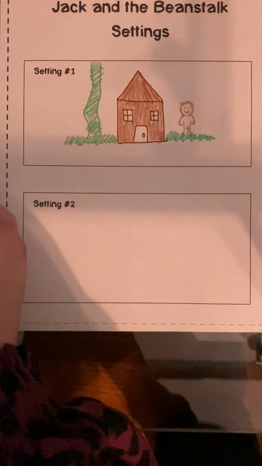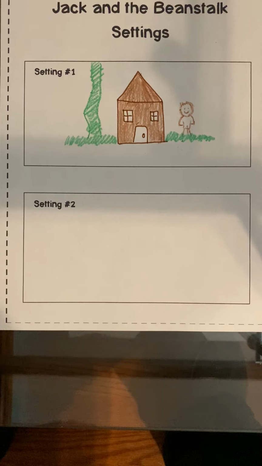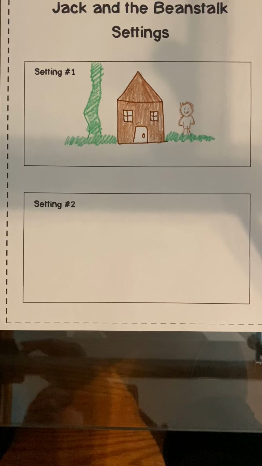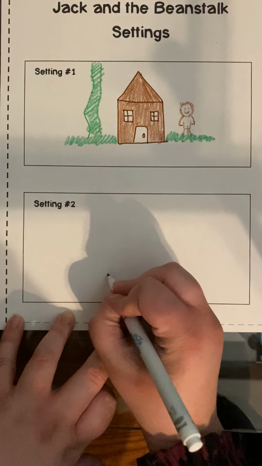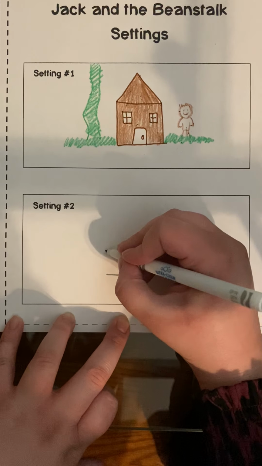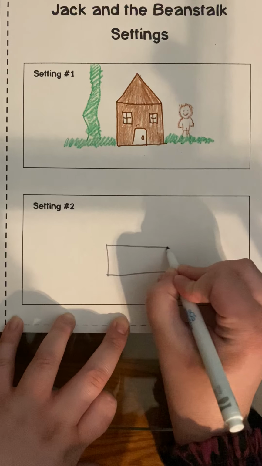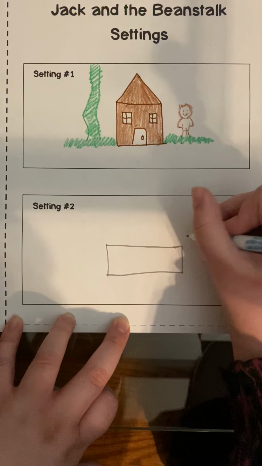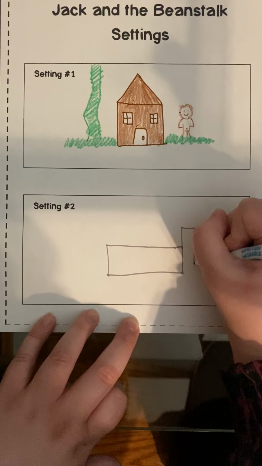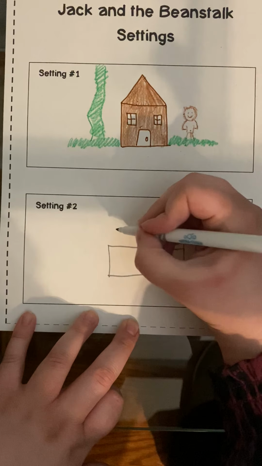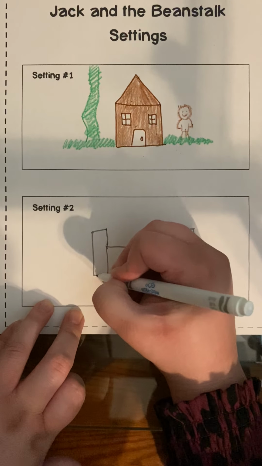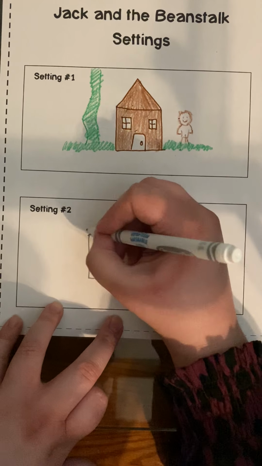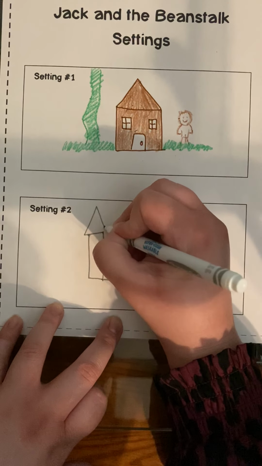So now, I'm going to try to draw a castle. Let's see how this goes. Okay. Now I'm going to draw the castle nice and big because I know castles are usually big. They're really fancy looking. Okay, now I'm going to draw a little tower like that.